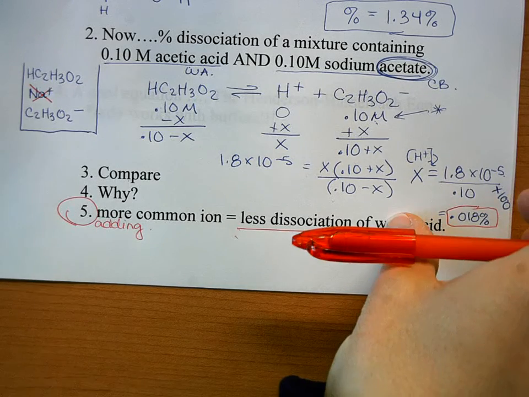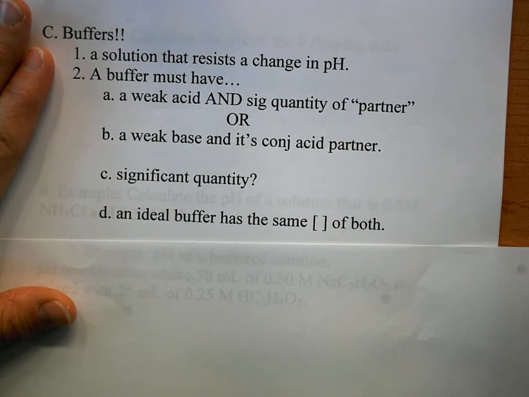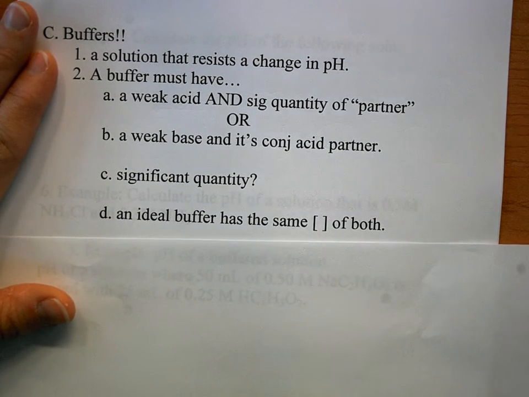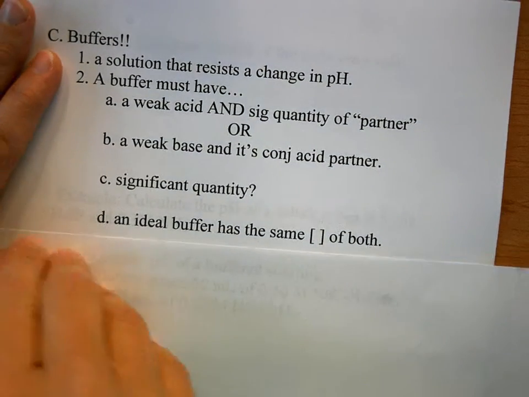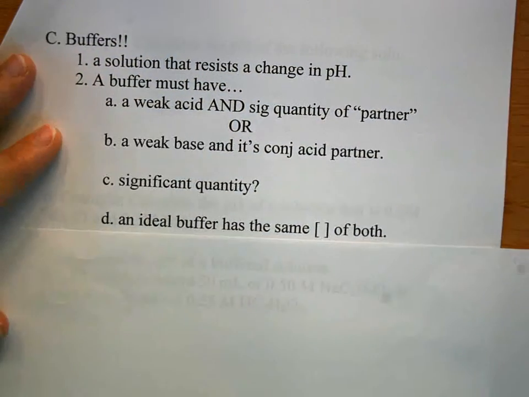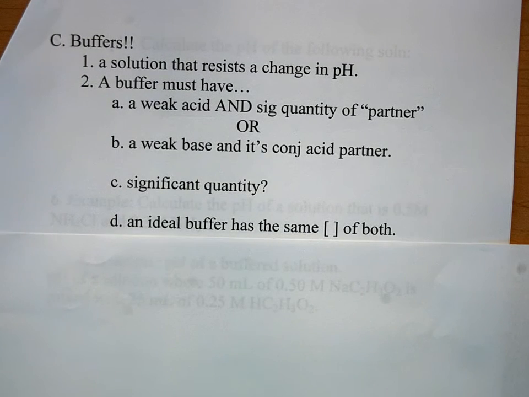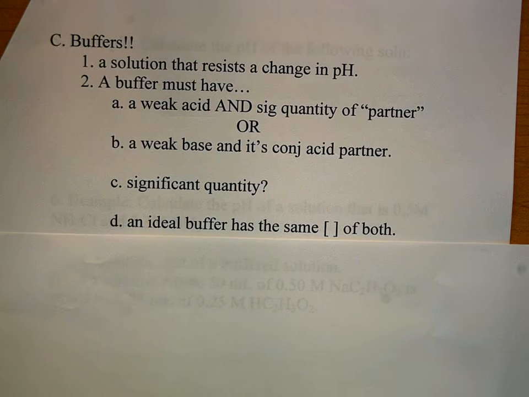That's the common ion effect, which gets you into the introductory idea of what a buffer is and how it works. So let's talk about some general things about buffers, what they're made up of and how they work, which we actually already talked about. It's because of the common ion effect that they're able to resist a change in pH. So go ahead and copy those down for a couple of minutes.